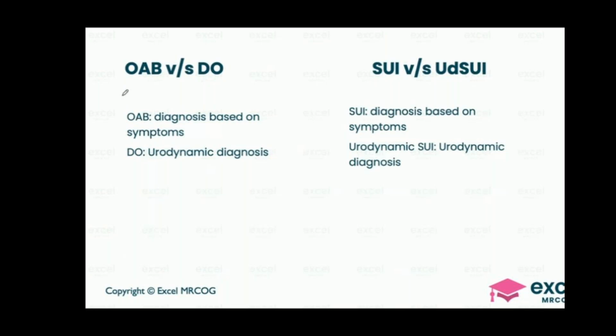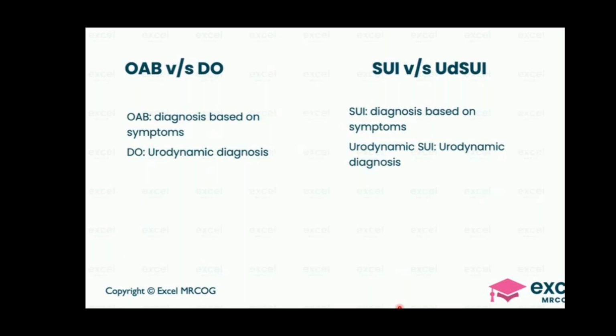Detrusor overactivity is the diagnosis established after urodynamics. OAB is the diagnosis based on symptoms, while SUI is also a diagnosis based on symptoms, and it's called urodynamic SUI when it is established on urodynamics that it is actually SUI. Clear?